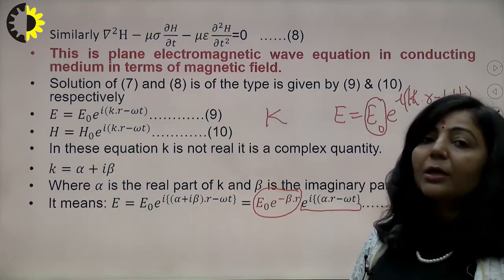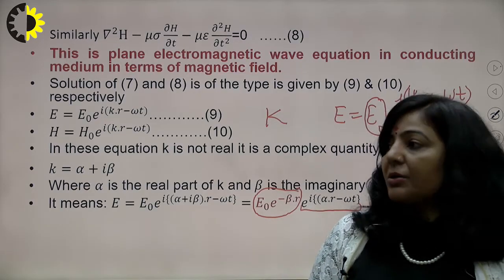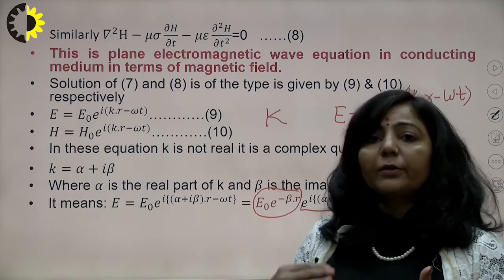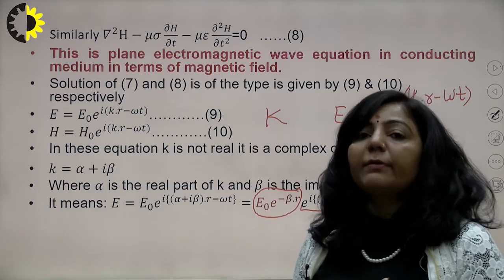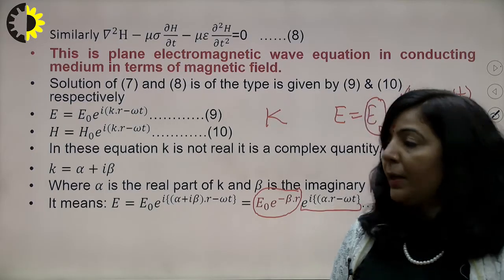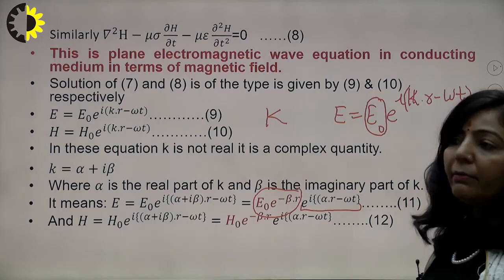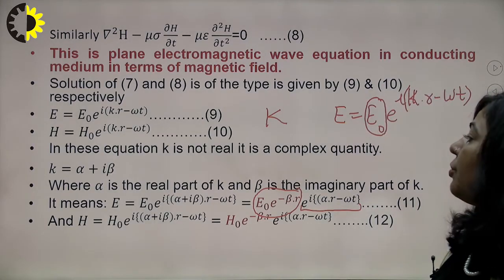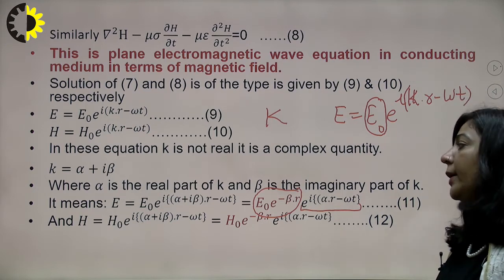It means the conclusion is that when an electromagnetic pulse is propagating in a conducting medium, as it moves further into the medium, there will be a decay in the amplitude of electric field as well as magnetic field with the distance. Clear? So the next step is, if you similarly write the expression for magnetic field, it will be H naught e raised to power i(alpha plus i beta) dot r minus omega t.